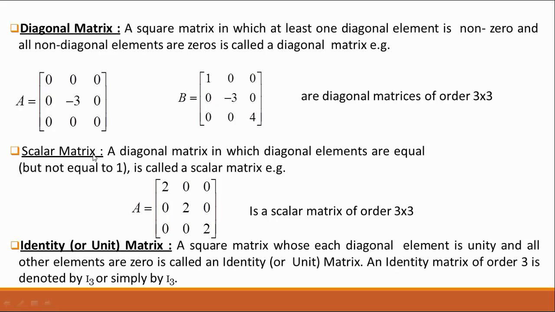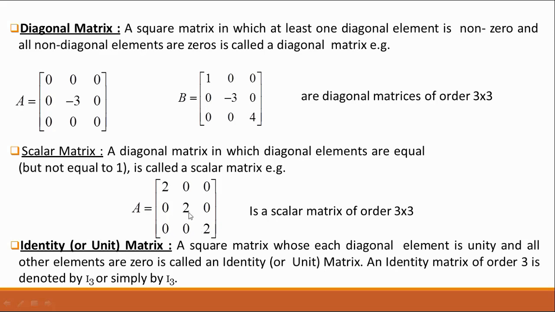Now a scalar matrix. A scalar matrix is actually a diagonal matrix, but there is a difference between the diagonal and the scalar matrix. A scalar matrix is a diagonal matrix in which the diagonal elements are all equal but not equal to 1.